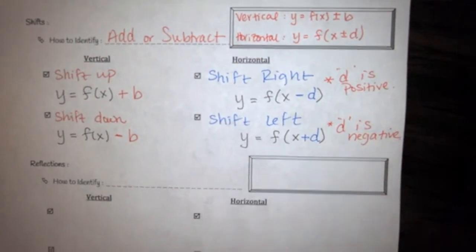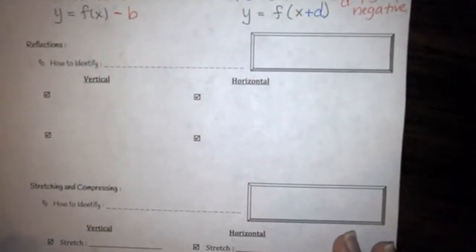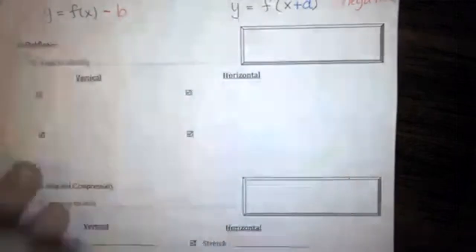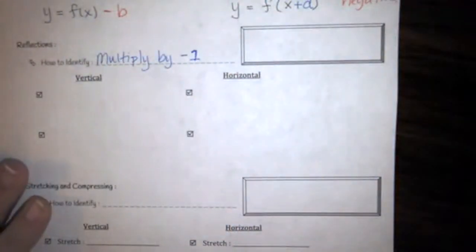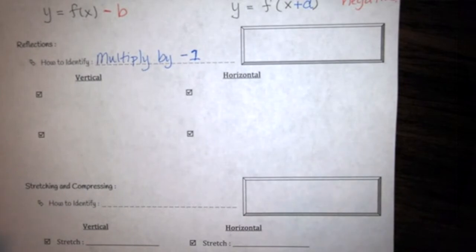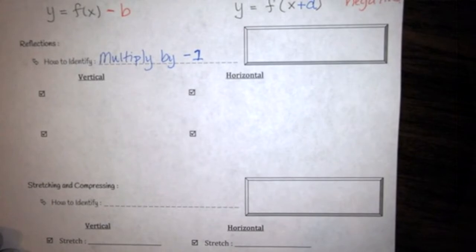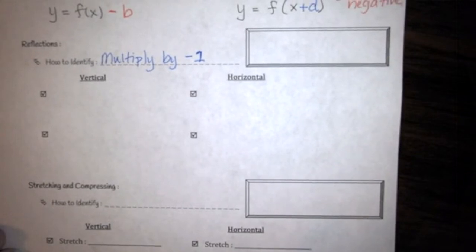Now let's look at reflections. So again, how do we recognize a reflection? Well, a reflection is where you are multiplying by negative 1, i.e. you've got that negative out in front. So with your reflections, we again have vertical and we have horizontal.